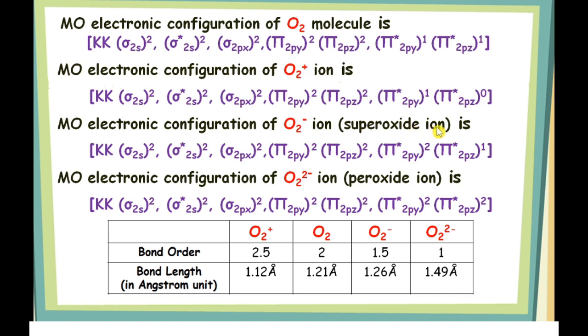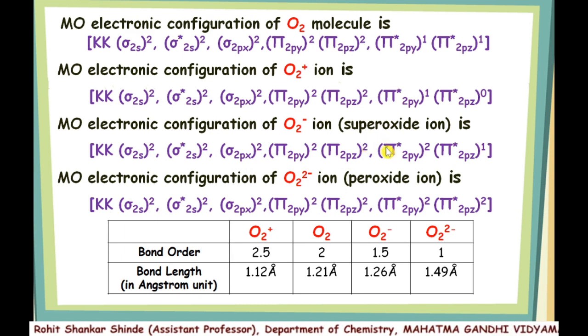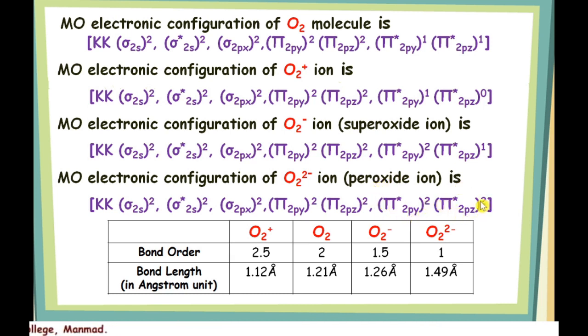So its electronic configuration can be written as KK sigma 2s2, sigma star 2s2, sigma 2px2, pi 2py2, pi 2pz2, and here is the change: pi star 2py2 and pi star 2pz1. In case of peroxide ion, that is O2 2 minus ion, pi star 2py2 and pi star 2pz2. Both the anti-bonding molecular orbitals, which are degenerate, are fully filled.